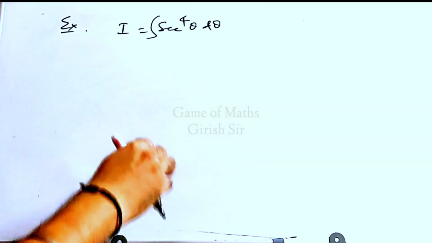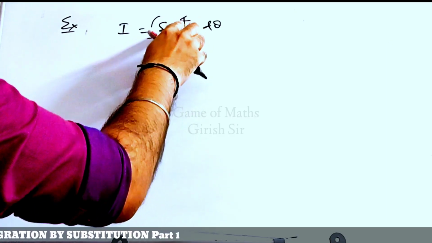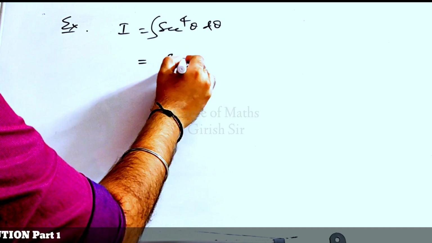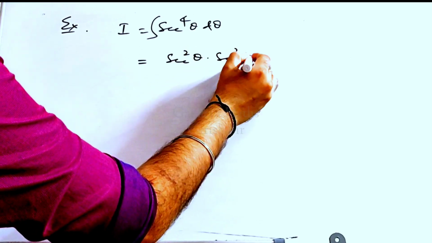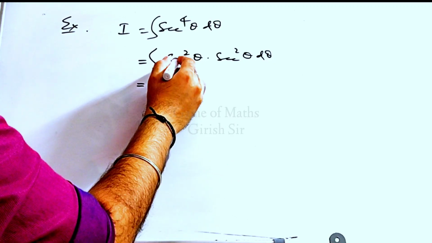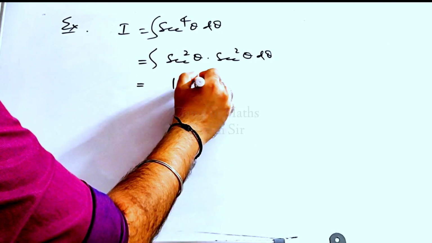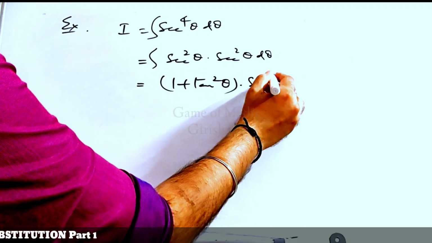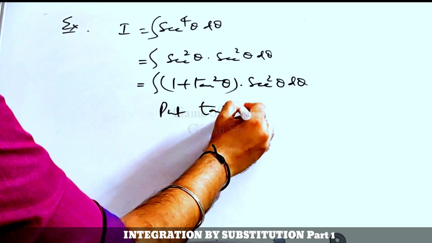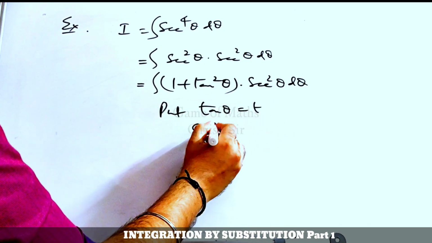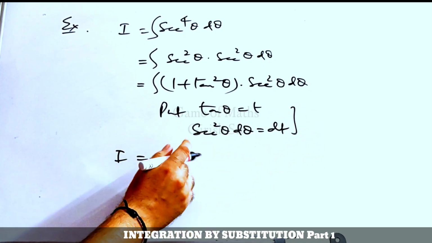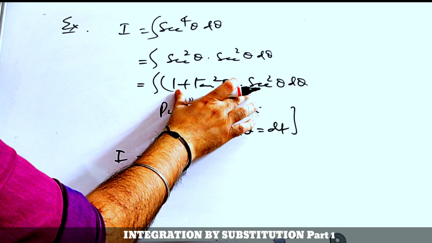Another example. This integral is secant theta to the power 4. Here I can write secant theta to the power 4 as secant square theta into secant square theta. Then using the identity, I can write secant square theta as 1 plus tan square theta. Now if you put tan theta equal to t and differentiate both the sides, we'll make these substitutions over here.